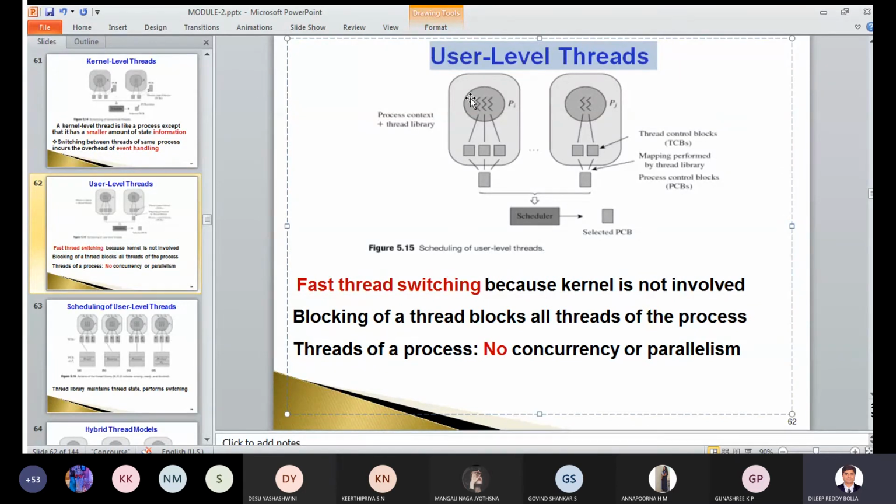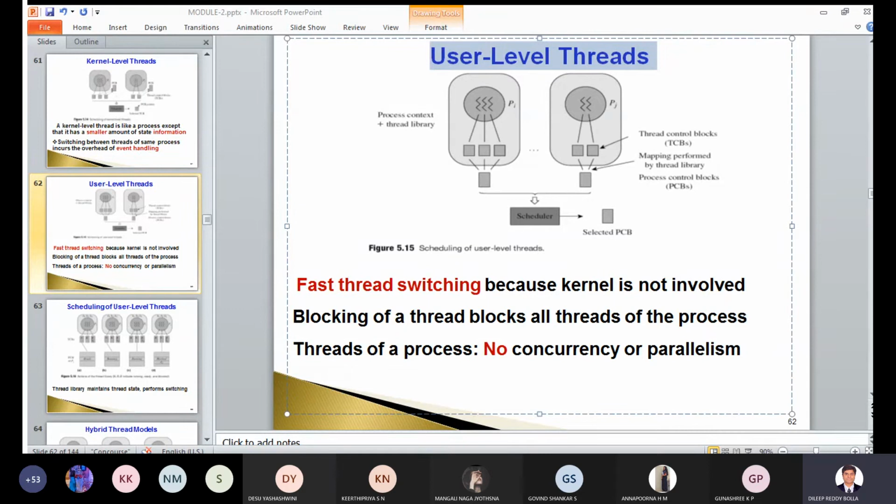Now this first thread is started. Once it's started, it will invoke the thread library, or thread control block. This TCB will start getting initiated. So the library function will create a TCB for the new thread and start scheduling.